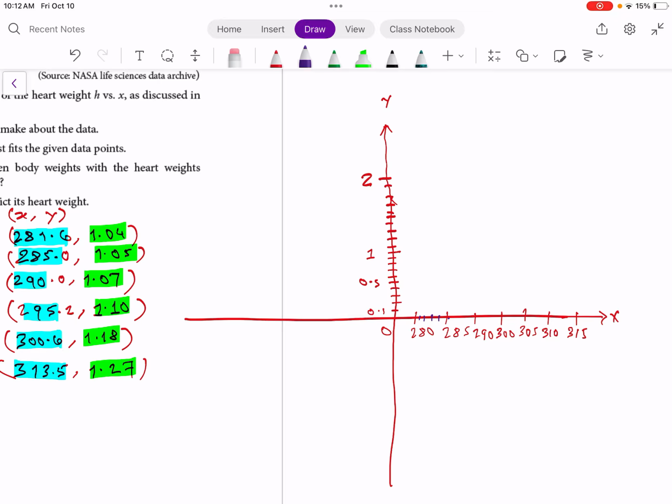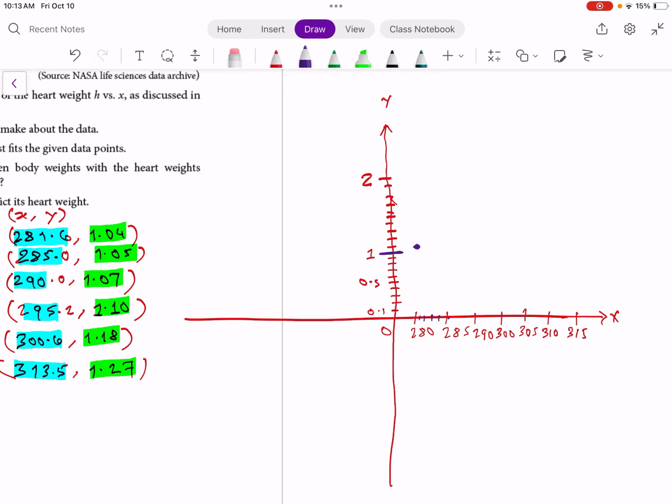And the next we have 1.04. So where is 1.0? So this is our 1, right? Okay, so our first point will be 282, 1.04. That is very close to 1. Okay, so this is our first point. Any question?